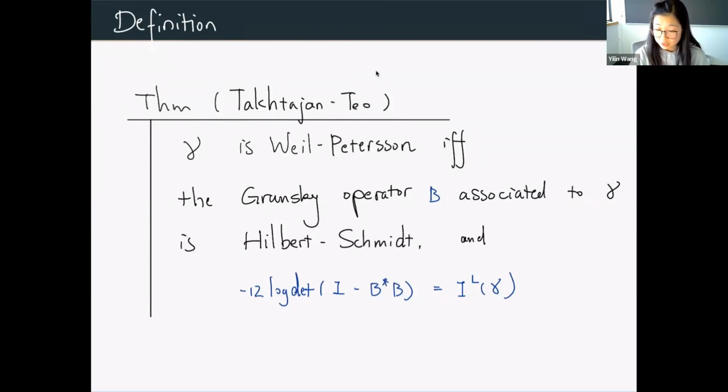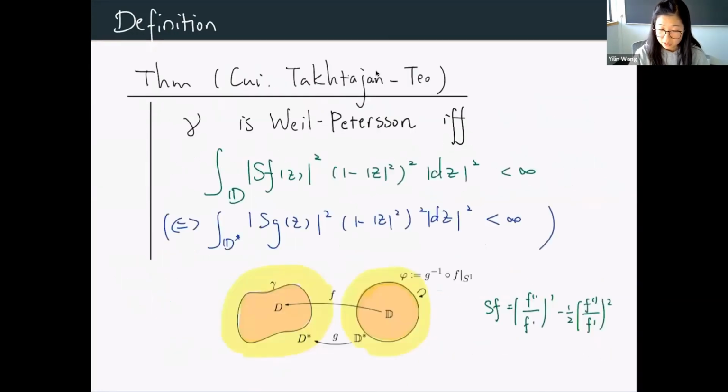So these two are equivalent. For the p-Schatten class, there's a characterization in L^p of the Grunsky operator, and in the Schwarzian, and also in the Beltrami coefficient, which I didn't write down. A reference for it is Guo Jones, right.